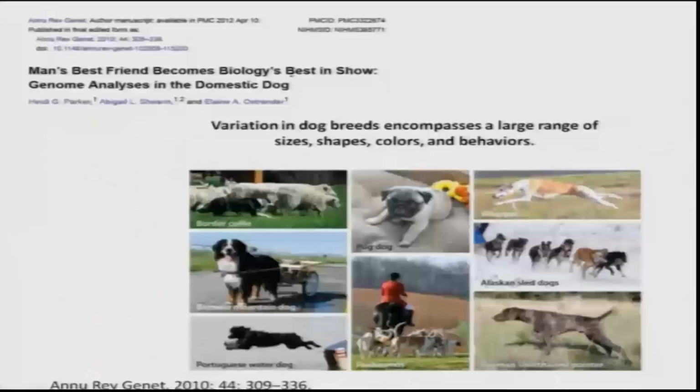So man's best friend becomes biology's best in show. Dogs were domesticated a long time back, and they have been living with man. They call it man's best friend because they always help. Unlike other species, whether it is a pig, cow, cattle or horse, which have a specific function, right? Mostly horse for transport, pig mostly for food, and likewise chicken and so on, or cattle for work or for milk.